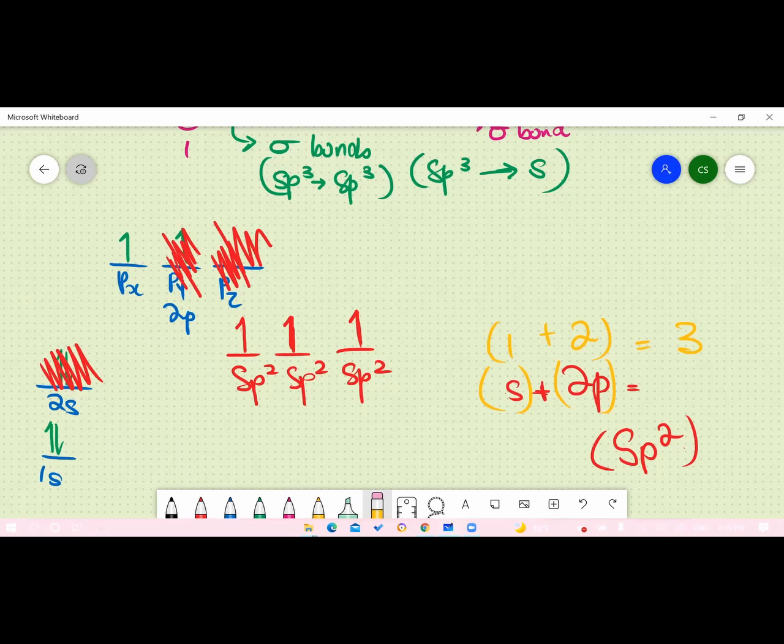So that's how we end up with the sp2 orbitals. All right? So here, as I said, hybridized orbitals will form sigma bonds. So these would be 3 sigma bonds. And then we have an unhybridized orbital here. This would give you a pi bond, right?